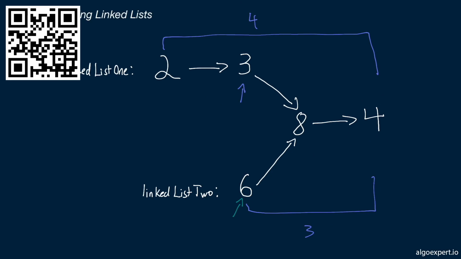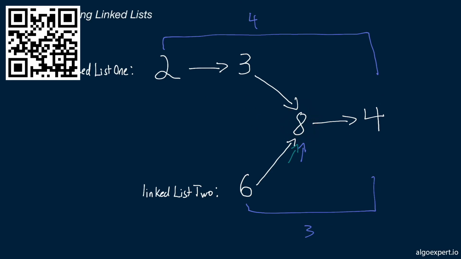So we can increment list node 1 first of all, which would go to the 8, and then we would also increment list node 2, which would also go to the 8. And now we simply do a check to say, are both of these current pointers pointing to the same node? And they are, which must mean we got to the intersection point, so we can simply return 8.